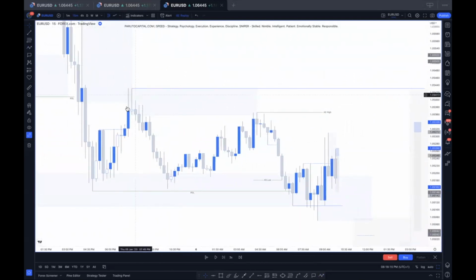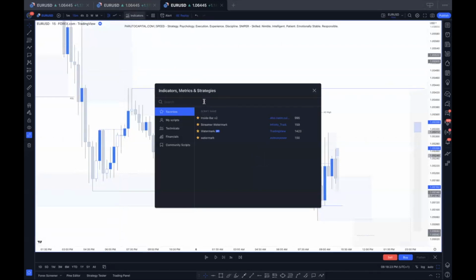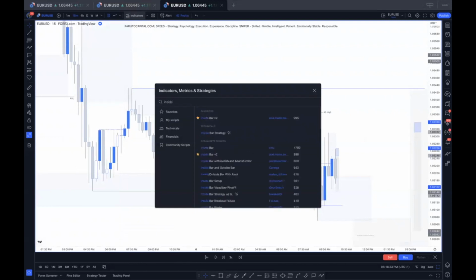What you need to do to add this internal candle to your own chart is go to indicators here, click on this button or click on indicators. And then when this opens up, just search for inside bar. You can see this inside bar version 2, that's the one I'm using, developed by this guy, ABD Martin something.